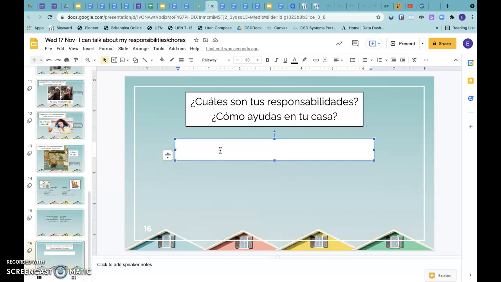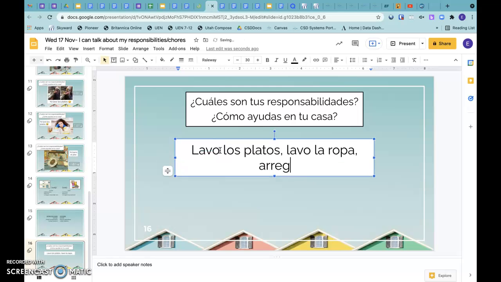Your sentence frame is your verb. So I'm going to say, I wash the dishes. Lavo los platos. I also wash the clothes. Lavo la ropa. I straighten up my room. Arreglo mi dormitorio.